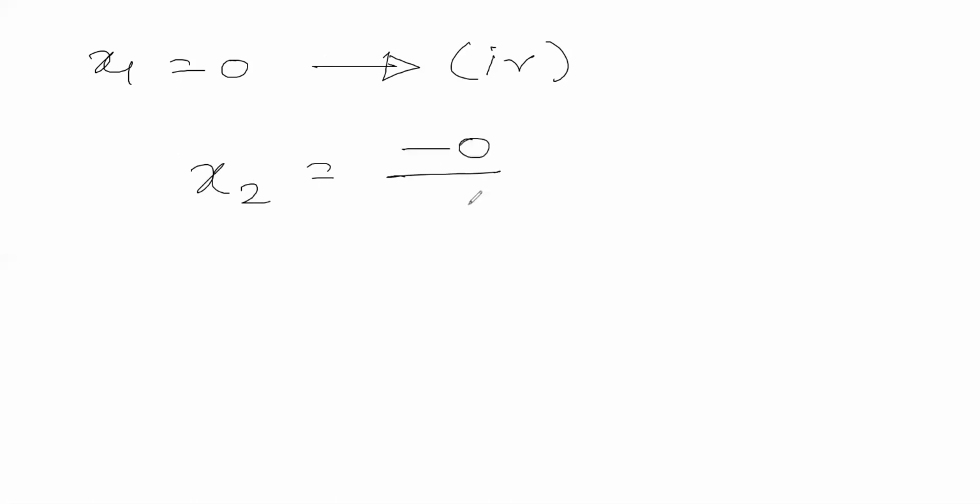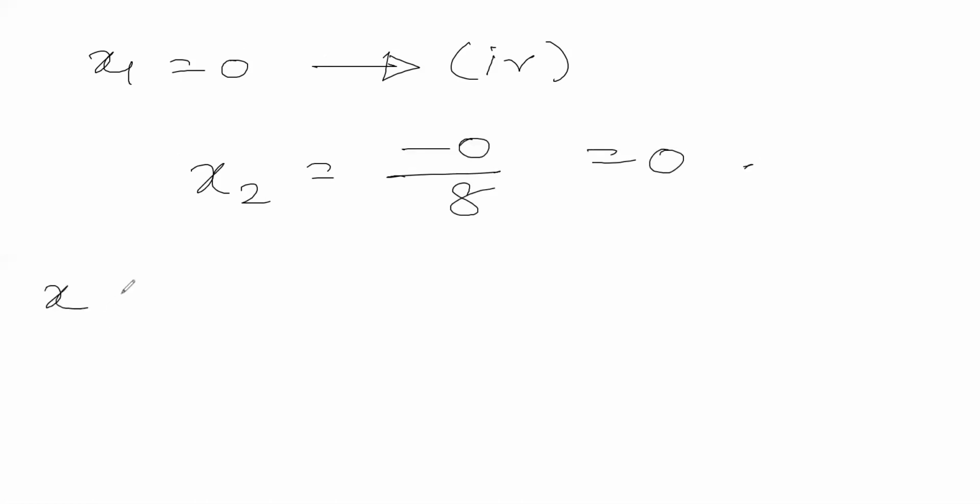If x1 is 0, then plugging this value in equation 4, I get x2 is equal to 0 by 8, which is equal to 0.